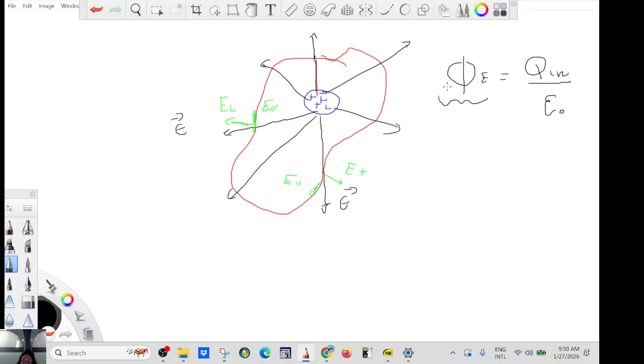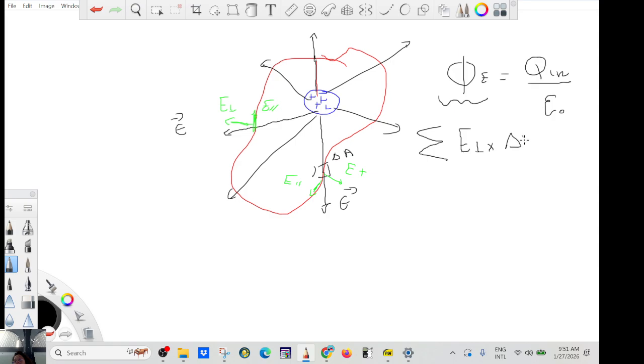Then it becomes all mathematics because you will have to find the sum of the electric field perpendicular times the small area, delta A. So you will have to divide your surface into small surface elements, right?